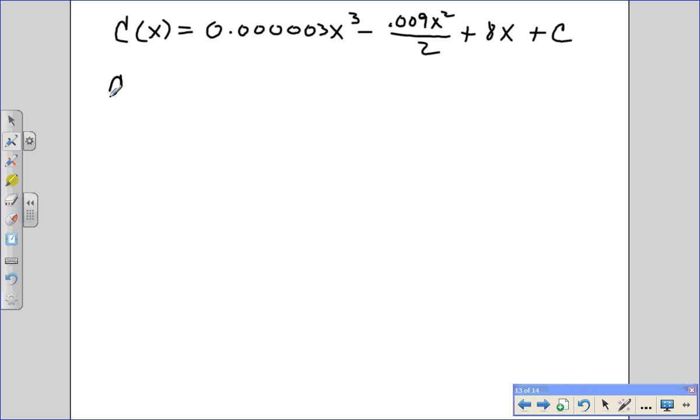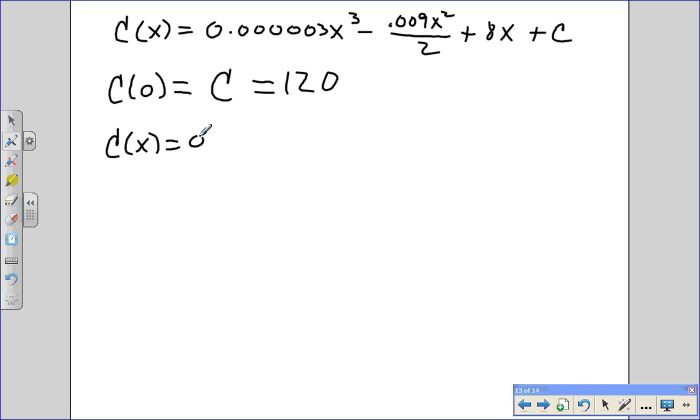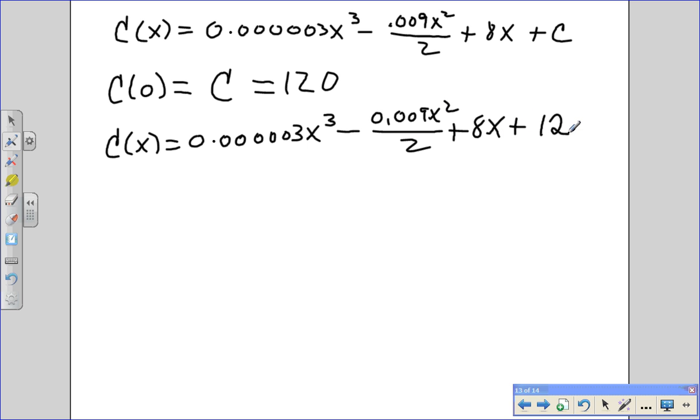And what I know is that the cost of producing no clocks, which means if I put in a 0 here for x, I get c is 120, which means my cost function is 0.00003x cubed minus 0.009x squared over 2 plus 8x plus 120.